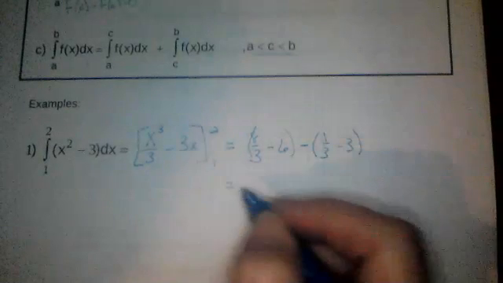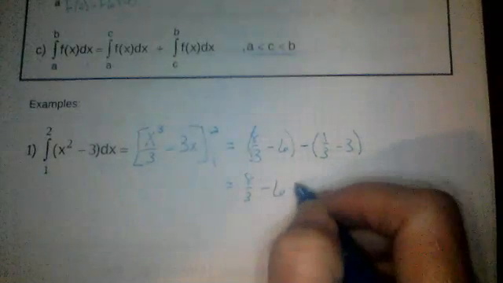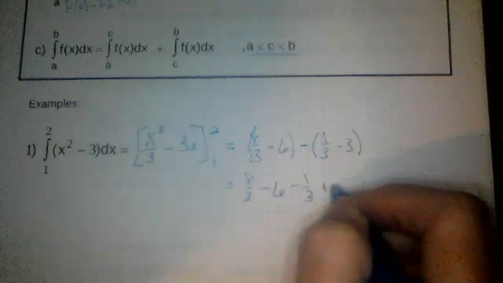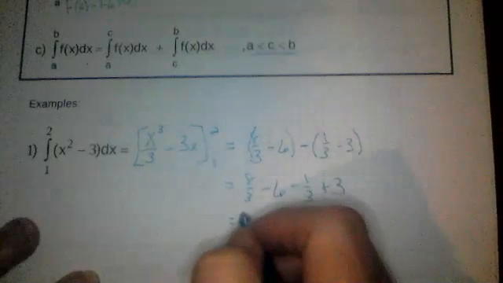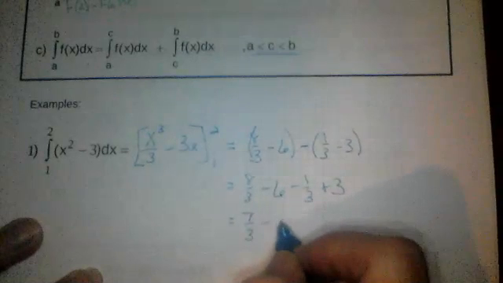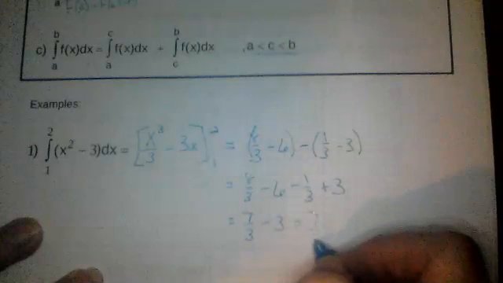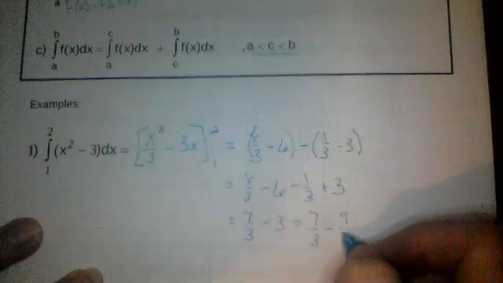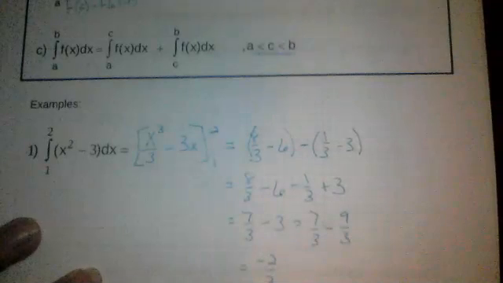Okay. So we have 8/3 minus 6 minus 1/3 plus 3. Well, 8/3 minus 1/3 would be 7/3. Negative 6 plus 3 would be minus 3. And so that gives me 7/3 minus 9/3, which would give me negative 2/3.